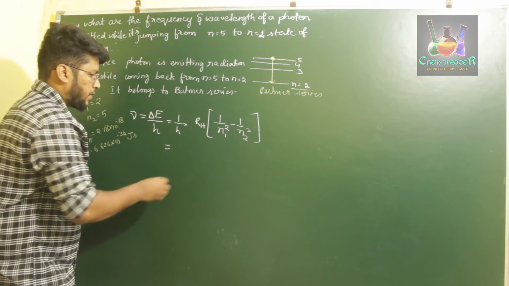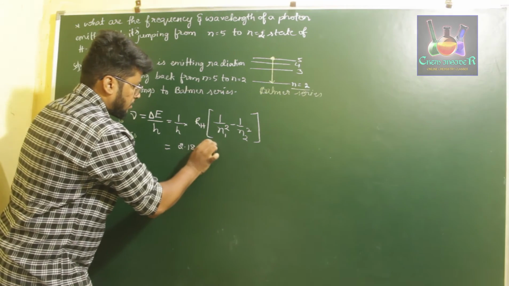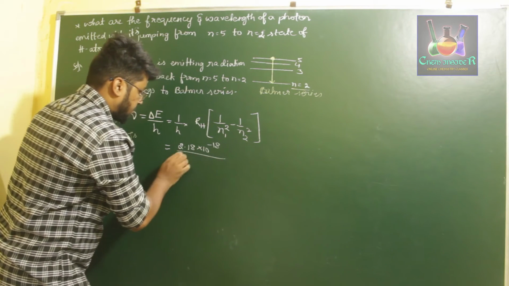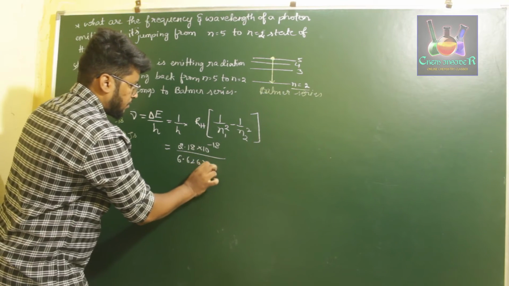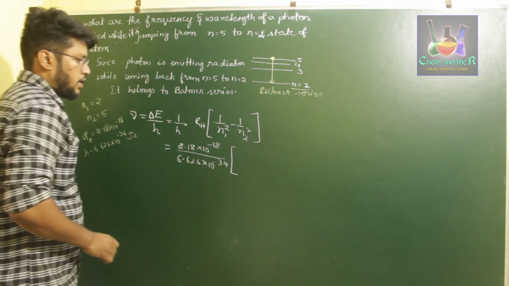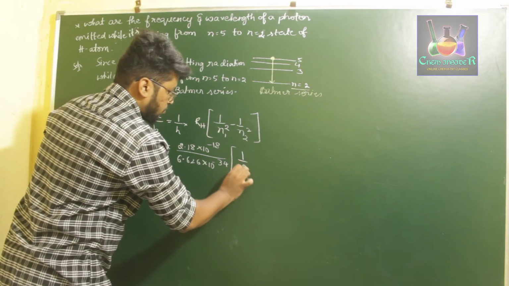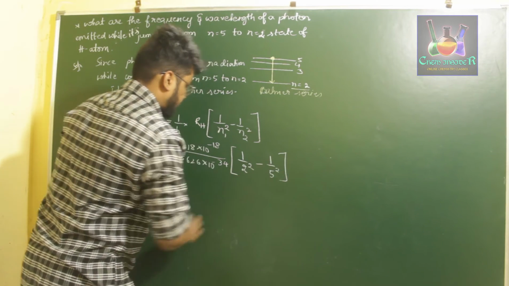So substituting the values, RH is 2.18 into 10 power minus 18 divided by 6.626 into 10 power minus 34, into 1 by n1 square, that is 2 square, minus 1 by 5 square.